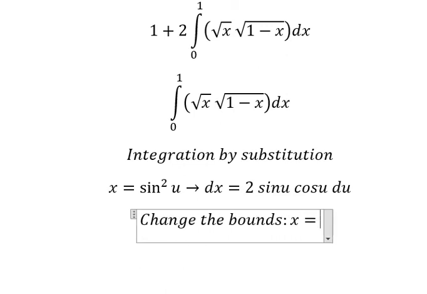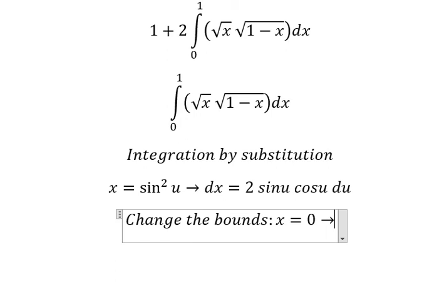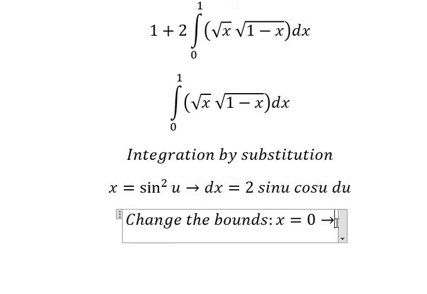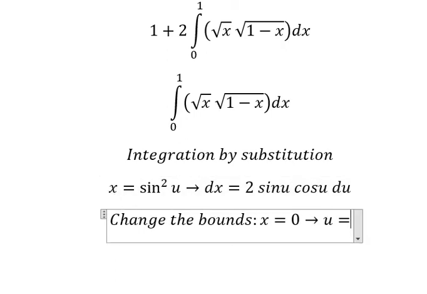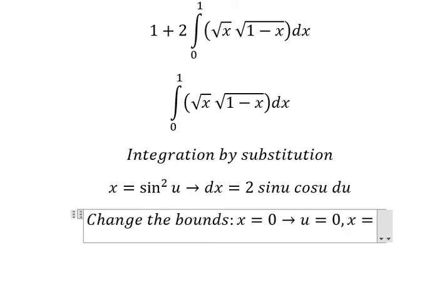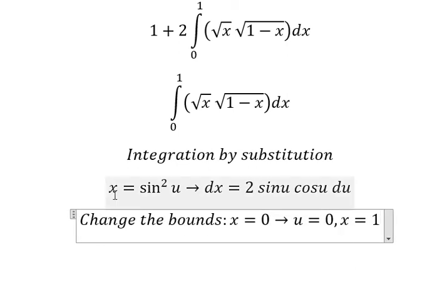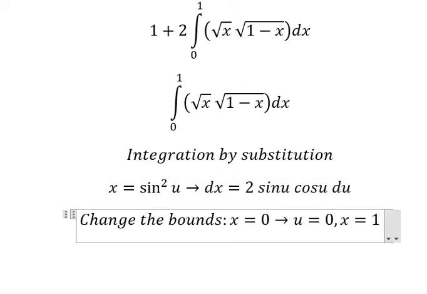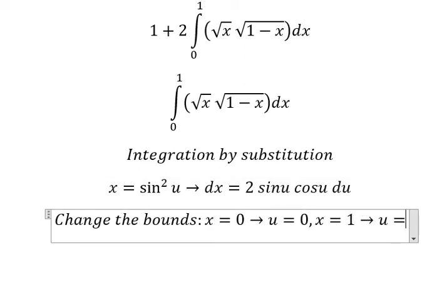When s equals number 0, I will put number 0 on here, and we can find the value of u equals number 0. When s equals number 1, we put number 1 on here, and we have u equals b over 2.